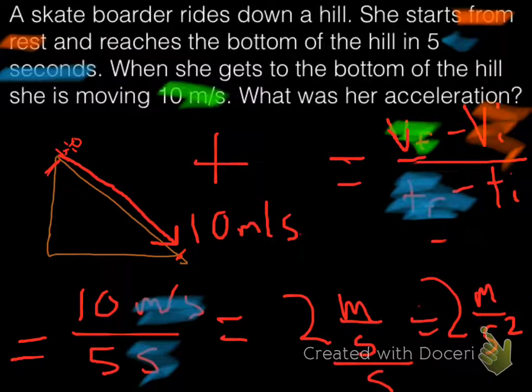If she were slowing down, we should expect to see a negative acceleration. But since she's speeding up, going down this hill, starting from 0 and ending at 10 meters per second, she's got to have a positive acceleration. So we have a good idea we probably did the problem right if we get the right sign here.